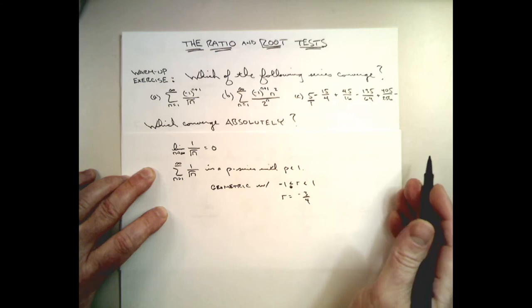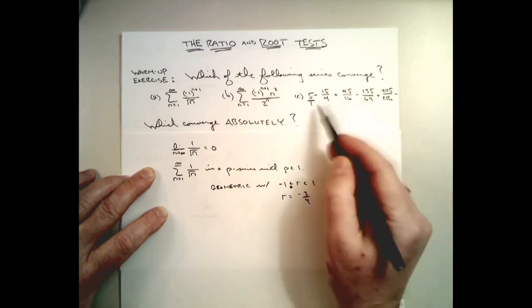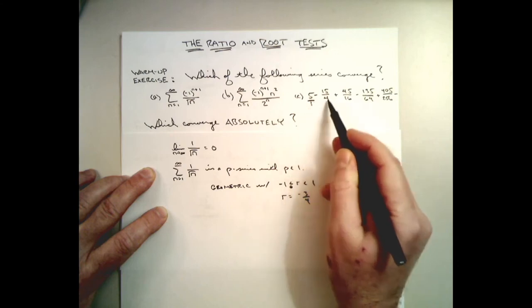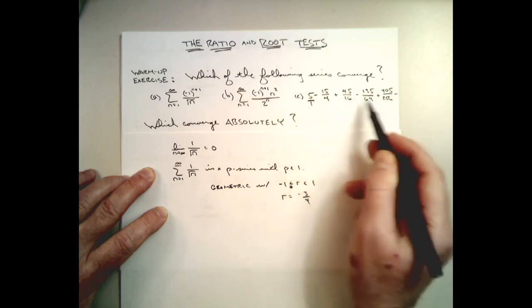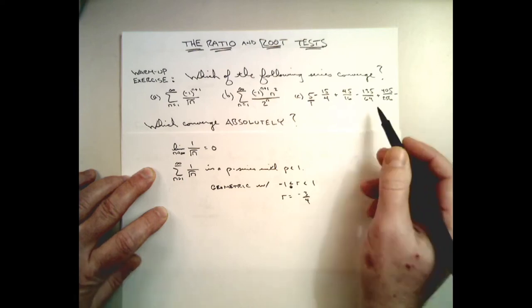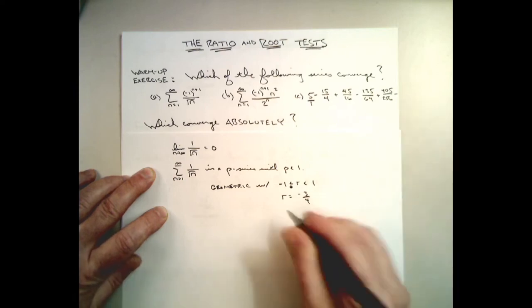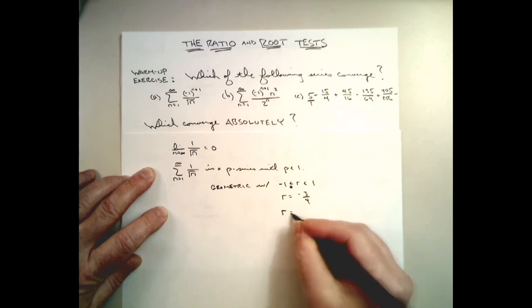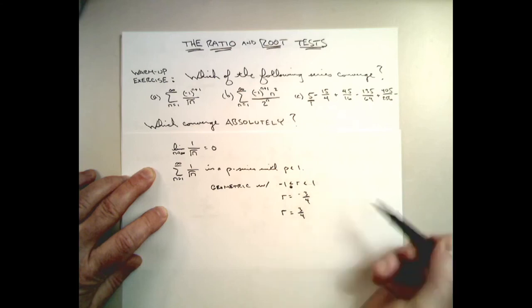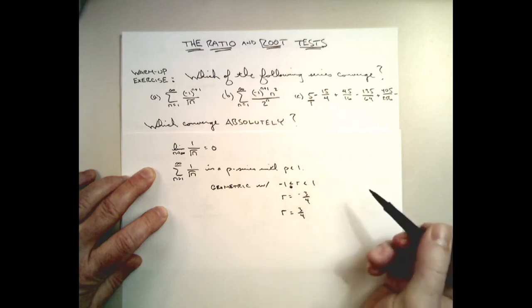Even more than that, if we looked at the absolute values of the terms of this series, so 5 plus 15 fourths plus 45 sixteenths plus 135 over 64, well, the ratio, instead of being -3/4, would be 3/4. Well, that still is going to clearly fall within the range from -1 to 1.